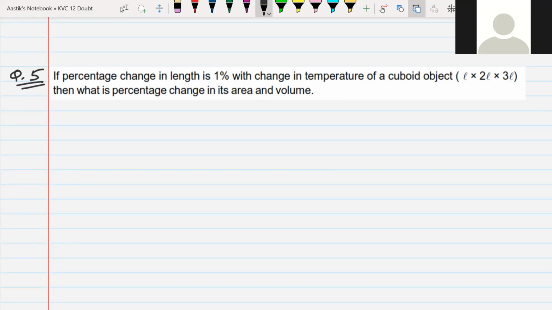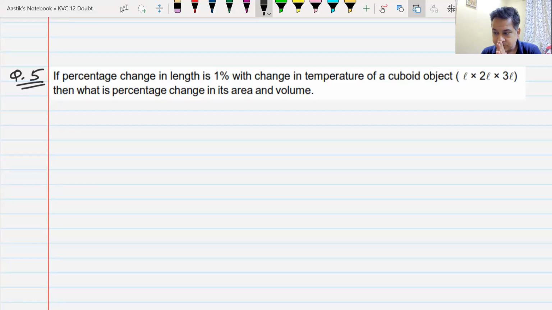Yes, any answer? Anyone got any answer? Change in area is 2%.